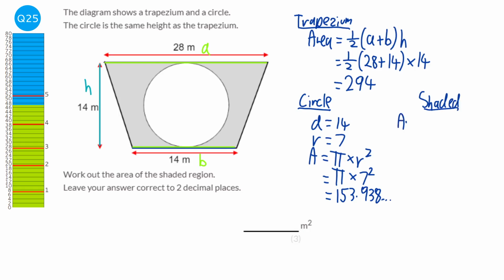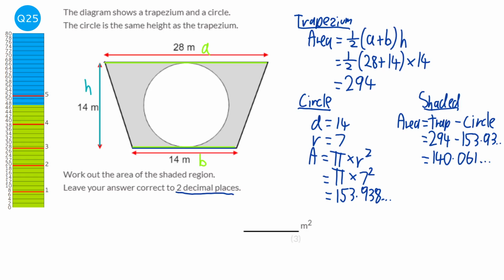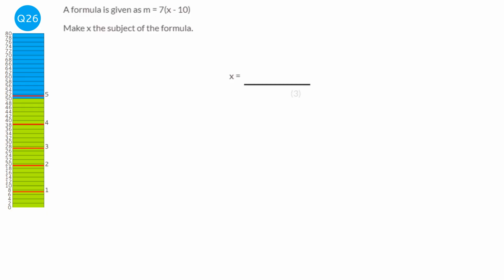So the area will be the total area, which will be the trapezium, take away the area that we don't want, which is this bit here, which will be the circle. So the trapezium is 294, the circle is 153.93 and so on, and when you do that you get 140.061 and so on. It says it wants it to 2 decimal places, so it would be 140.06.